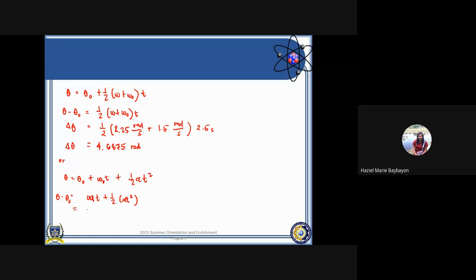Okay, so let's substitute. Delta theta equals omega naught is 1.5 times the time, which is 2.5 plus 1/2 0.3. This is your alpha. And then t squared, 2.5 squared. Okay. So kindly calculate. Hopefully, parehas lang answer.